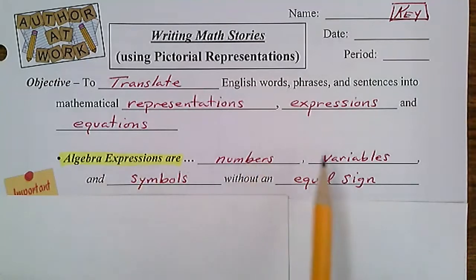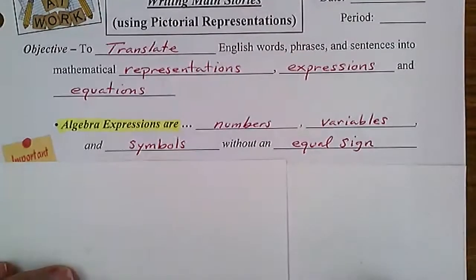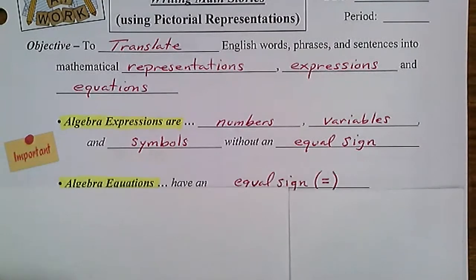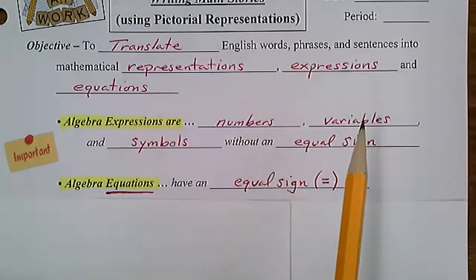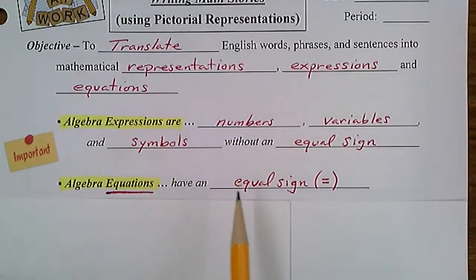It'll have some numbers, usually some variables and some symbols, but no equal sign. When we talk about an algebraic equation, it's the same thing, but an equation has the equal sign, right? And that's why this word equation kind of looks like equal. Okay, so an equation will have numbers, variables, and symbols, but it will have the equal sign.